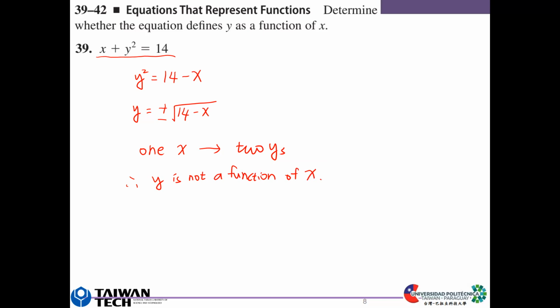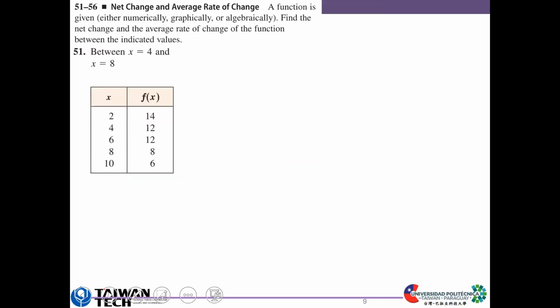Okay, and the next question we're looking at is problem 51. For problem 51, it says net change and average rate of change. A function is given either numerically, graphically, or algebraically.